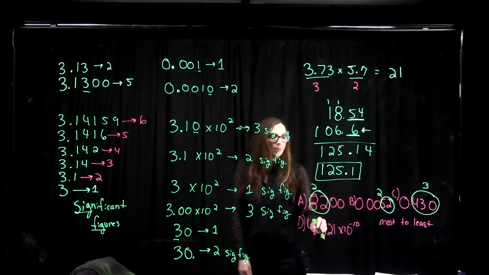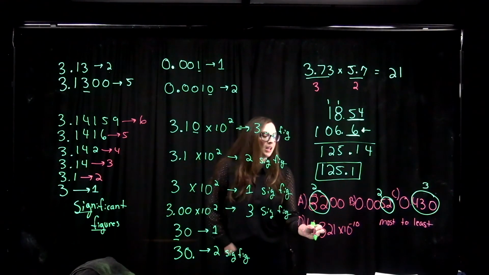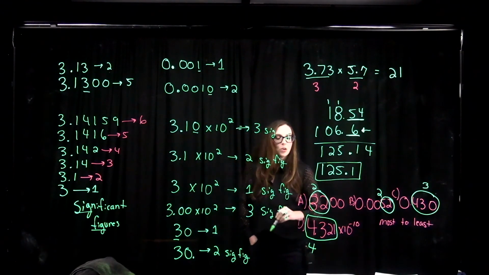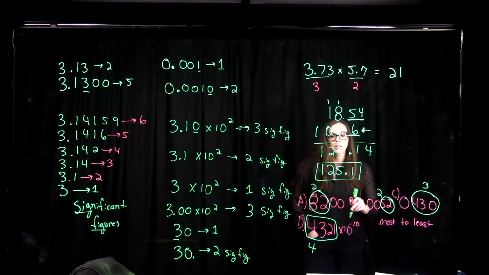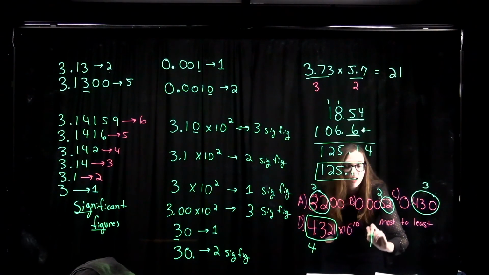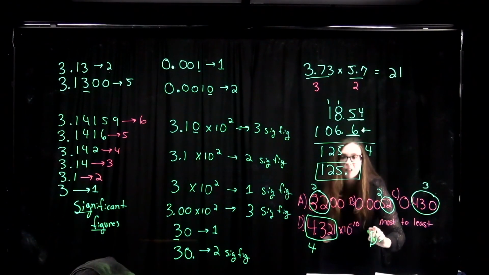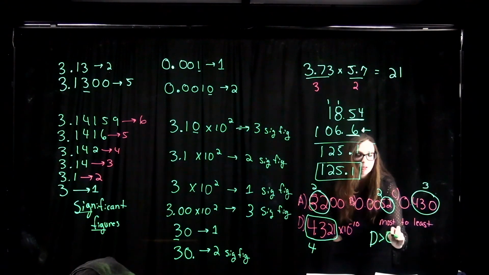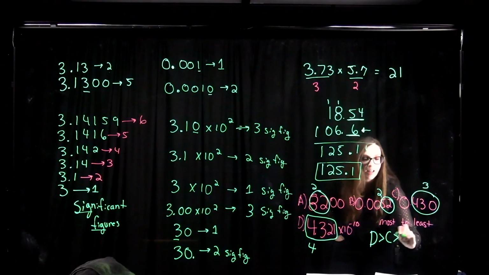And this number, even though it's really small, times 10 to the minus 10, the coefficient has 4 significant figures. So if we're ranking them in order from most to least significant figures, we're going to say that D is greater than C, which is greater than A, which is equal to B.